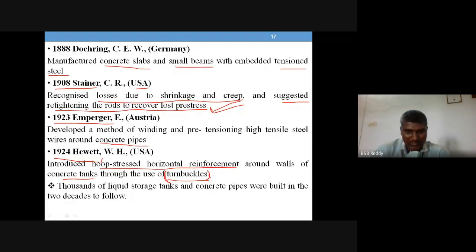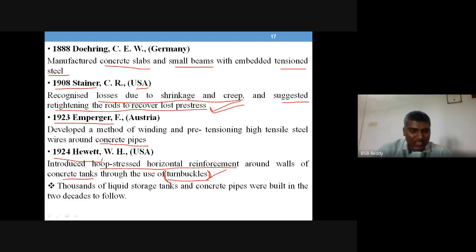Okay, turnbuckle is an instrument to tighten the spokes of a bicycle wheel. So the same is used on the scale of reinforced bars to induce hoop stress in case of concrete tanks.